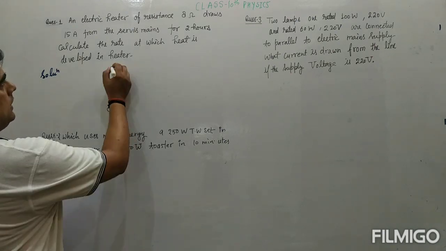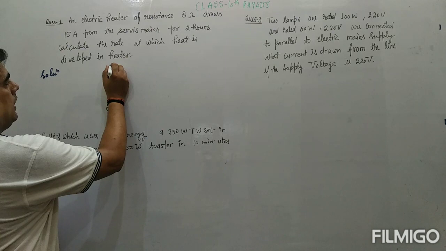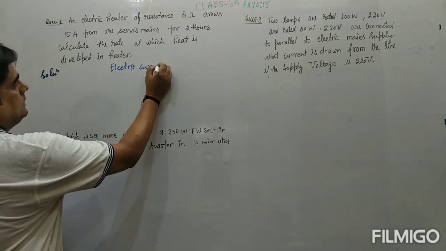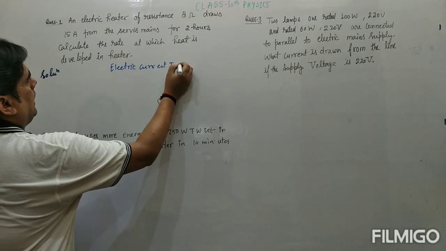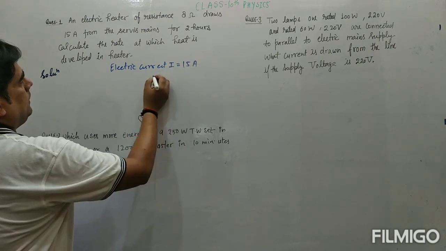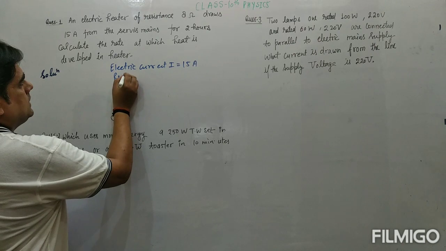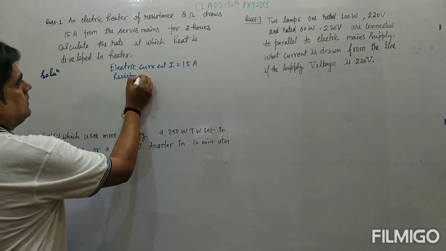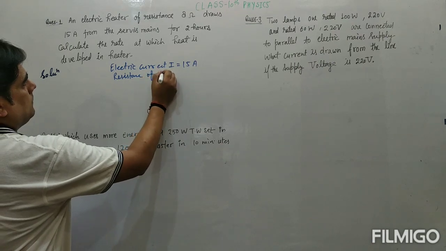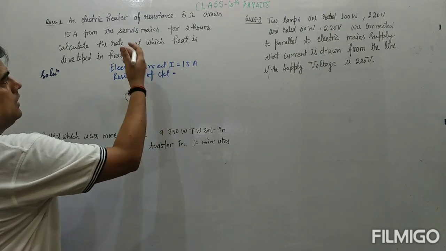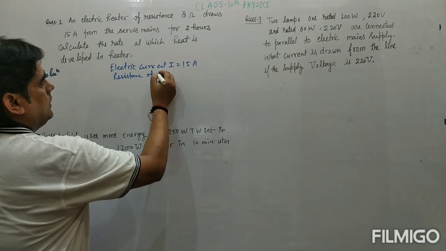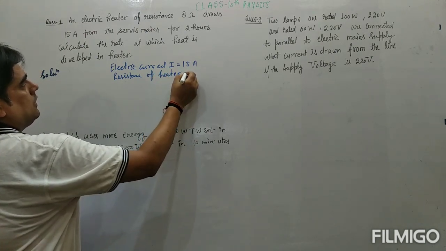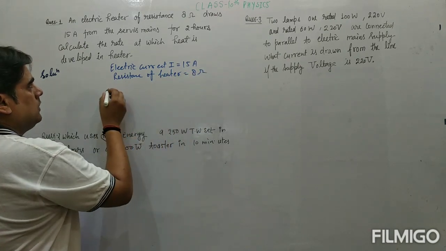So here electric current is given, I is equal to 15 ampere, and the resistance of the circuit is given. Circuit means heater. Resistance of heater is given as 8 ohm.